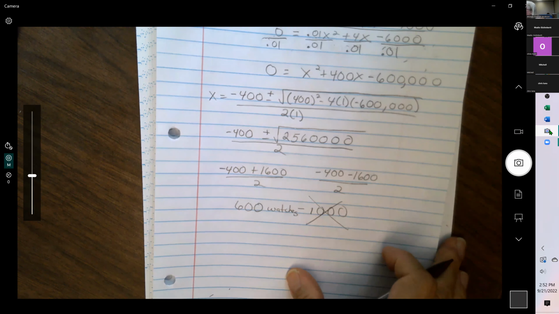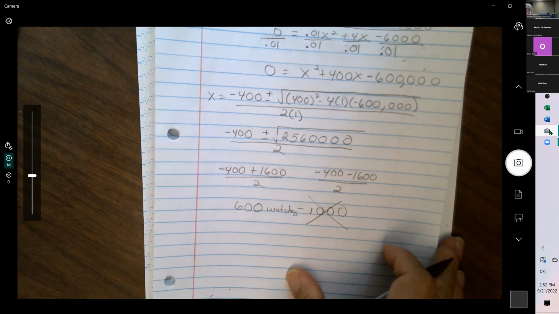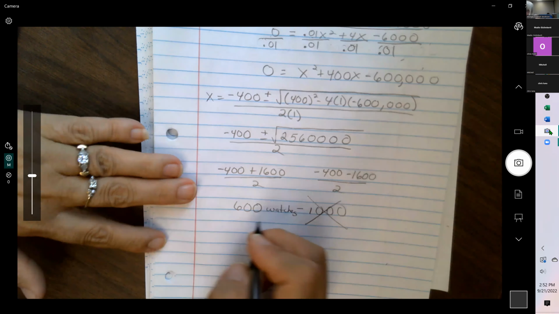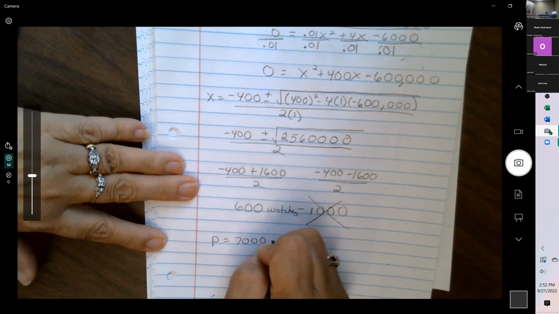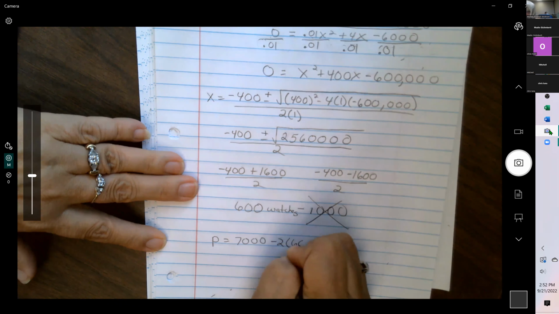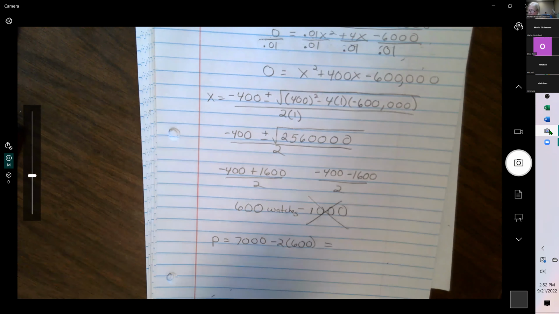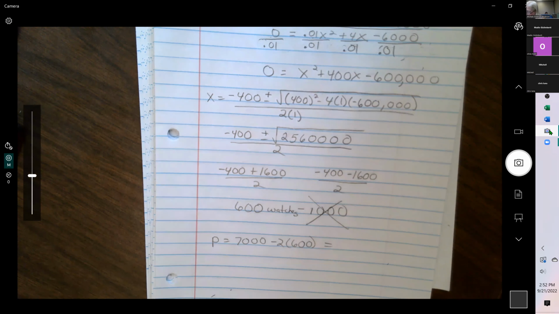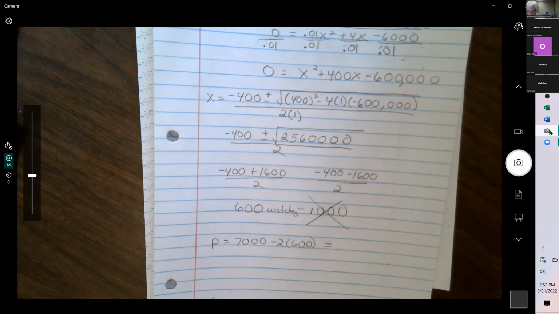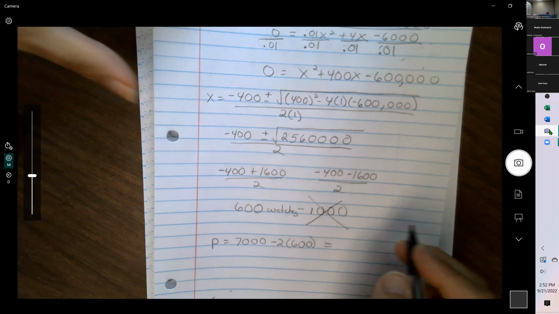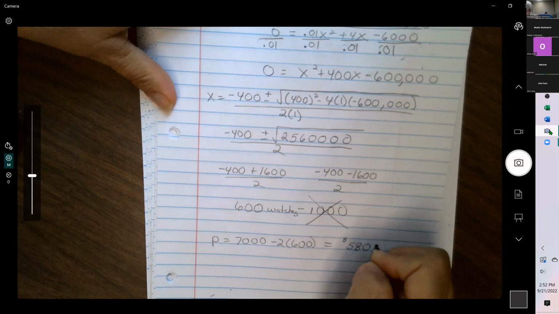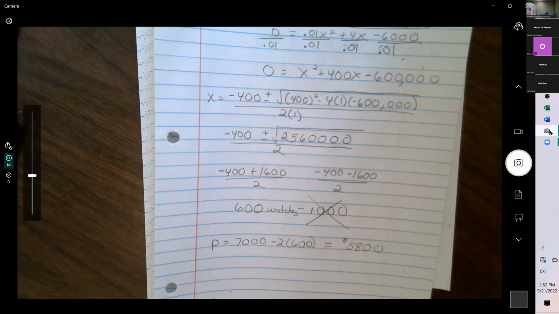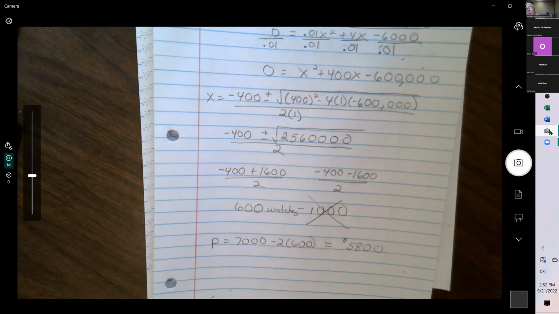To find the price, you just plug it into either one of the equations. So we would sell the watches for $5,800.